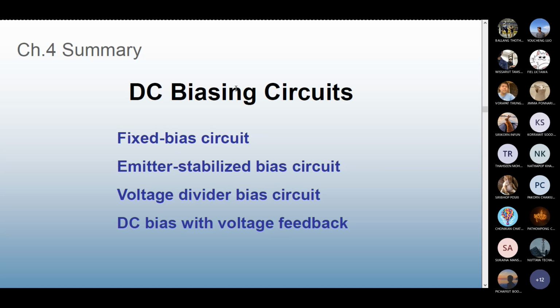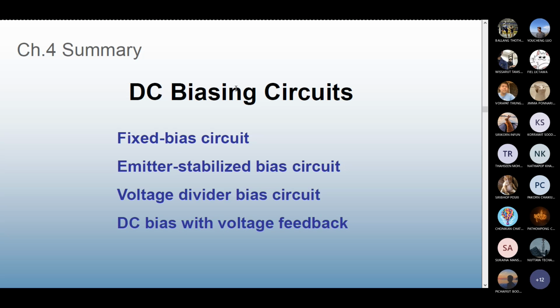There are four basic circuit constructions for DC biasing, which we study in the course. The first one is called fixed bias. The second one is emitter bias. The third one is voltage divider, and the fourth one is DC bias with voltage feedback.